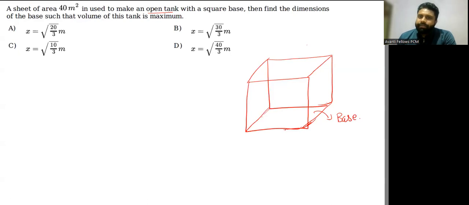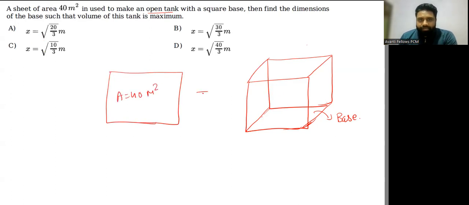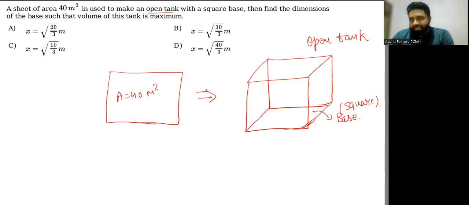We have to maintain the base as a square. The area of the sheet is 40 meters square, and we have to make it an open tank with a square base. This base is a square in shape. Got it? Now, we have to calculate the maximum volume of this tank.